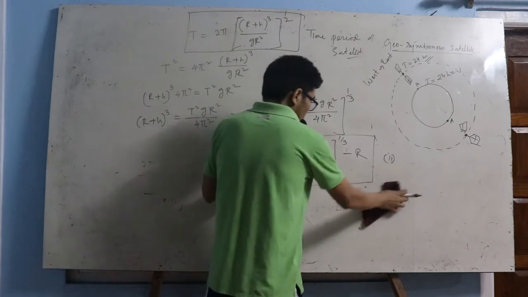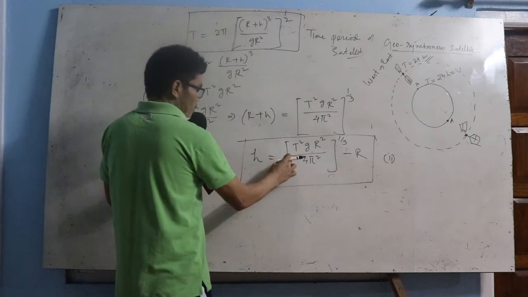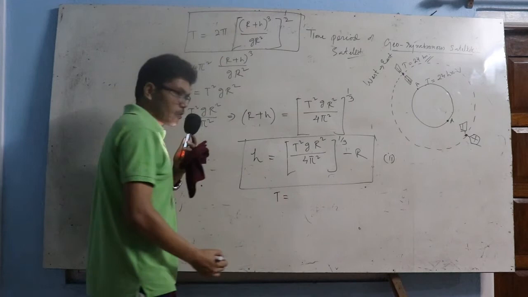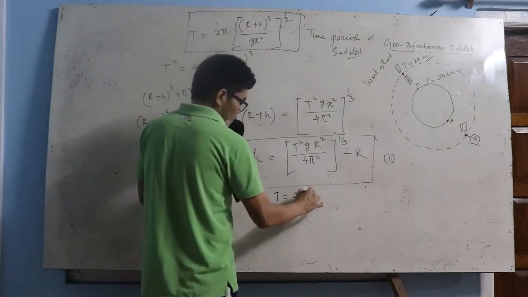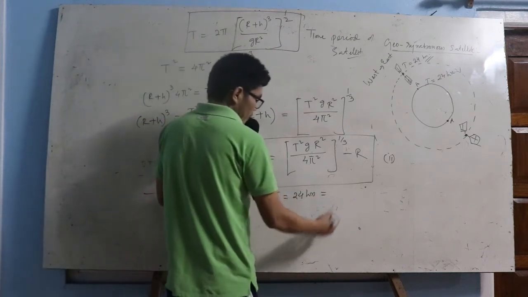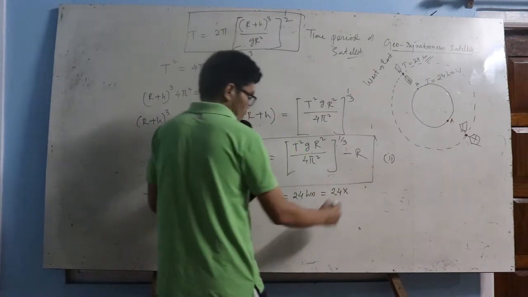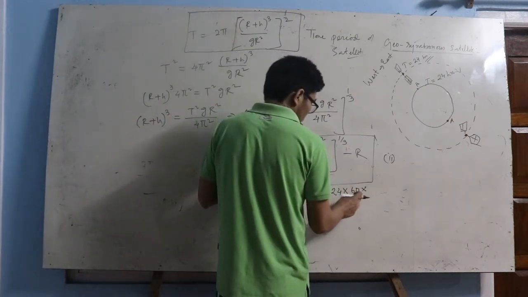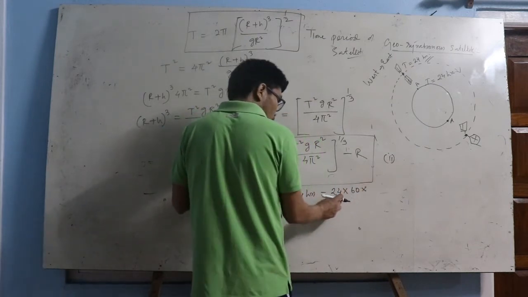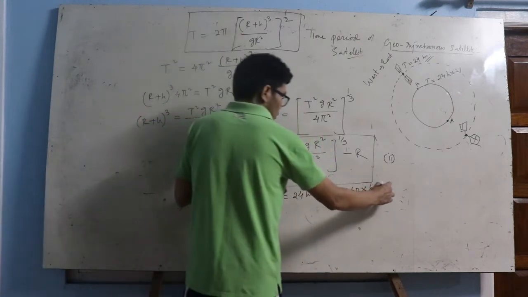So you can estimate the height of a geosynchronous satellite. In this equation, you put the time period of the satellite as 24 hours, changing into seconds, you can write 24 into 60 into 60. Hours into minutes, minutes into seconds.